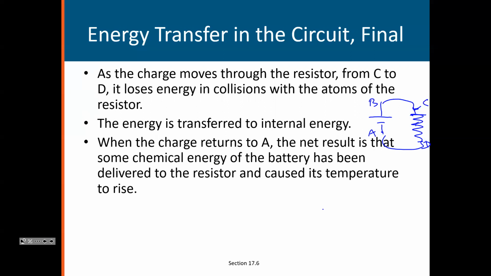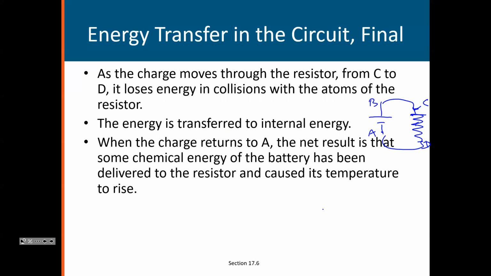How do you know there is heat energy? If you touch the resistor, you will see it is hot. So the energy is now transferred to internal energy in the resistor. The atoms of the resistor are now vibrating faster. That is what you feel as hot, the temperature.